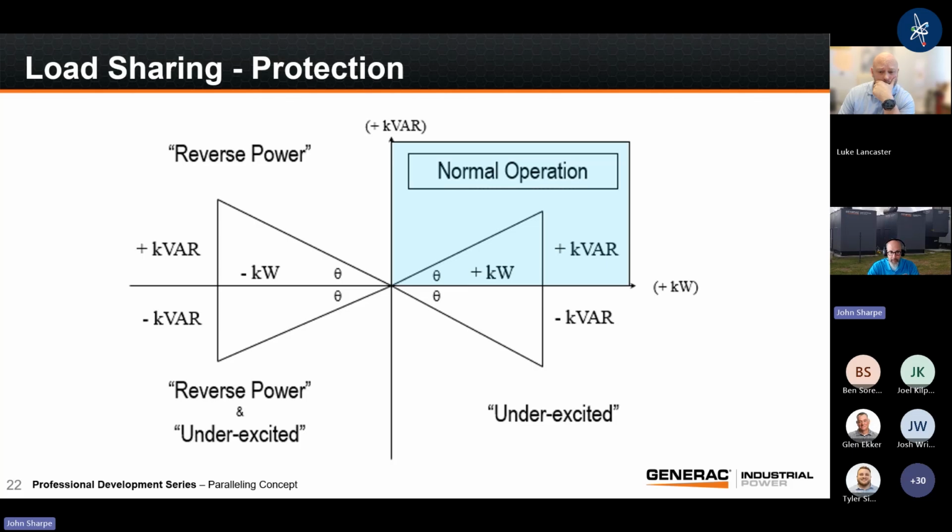In this particular area where I'm underexcited, I'm in reverse power condition. This is when we talk about what we call motoring a generator. One generator is not only putting out power that's feeding the load, but it's also pushing power back into the other generator and pushing that other generator to run. We don't need that. So we have protection functions that make sure that we're not in reverse power condition or an underexcited condition. And then we're always positive pushing out. That's what that controller, that paralleling controller, is going to do for us.